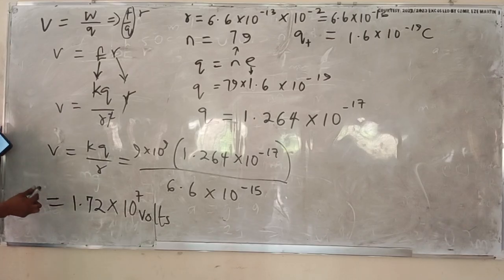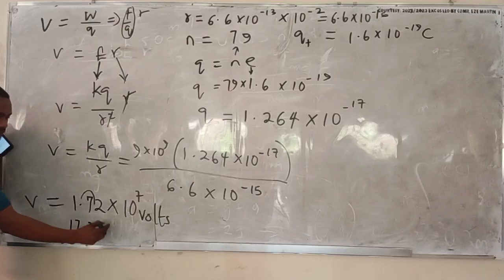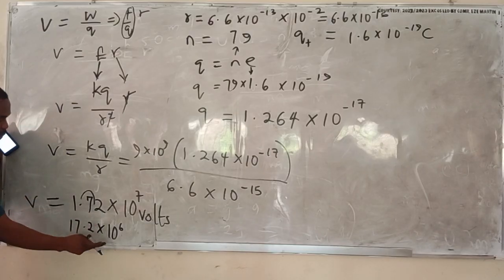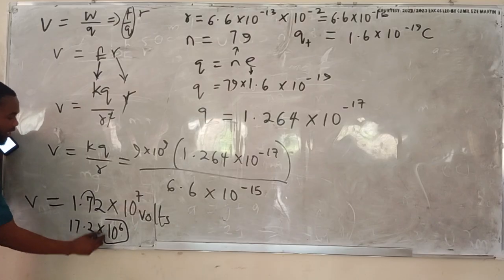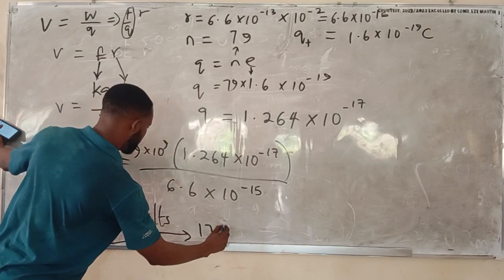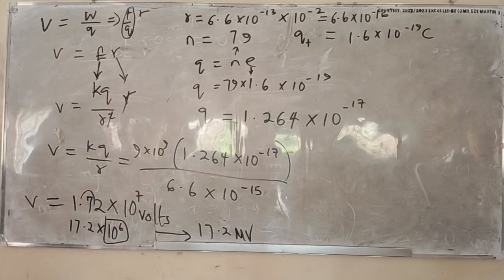If I carry this and come here, it becomes 17.2 times 10 raised to the power what now? 6. Is it not true? And we know that 10 raised to the power 6 is the same thing as micro. So everything here can be written as 17.2 microvolts. So that's why you have it that way.